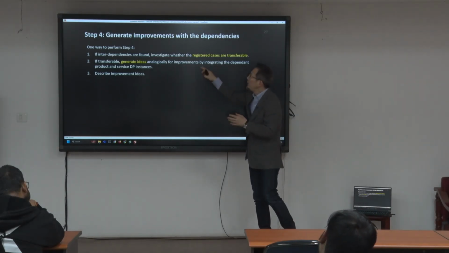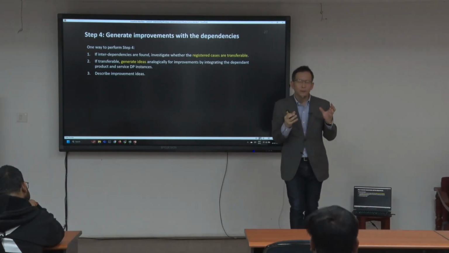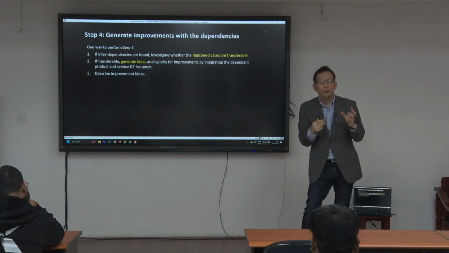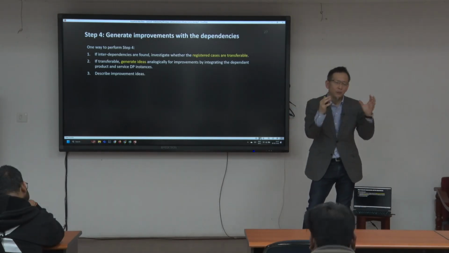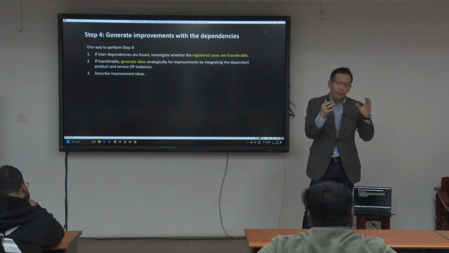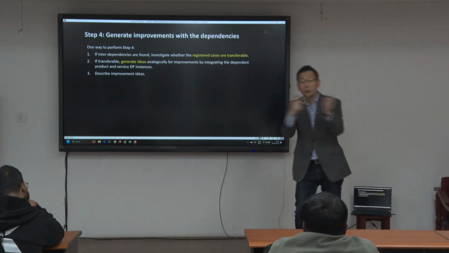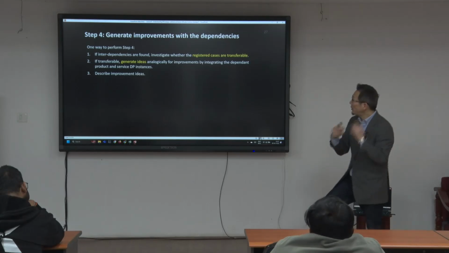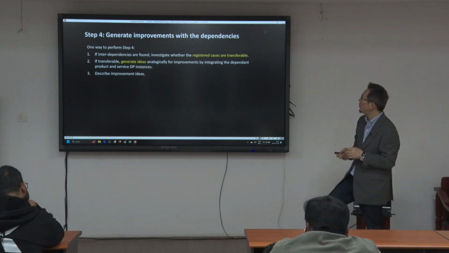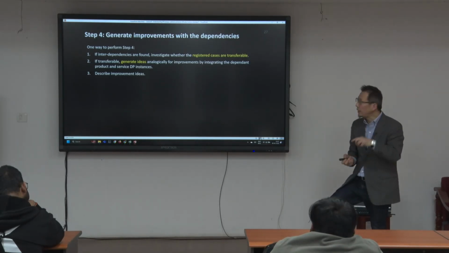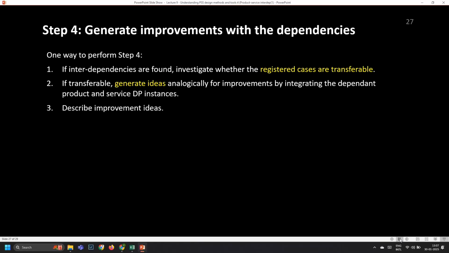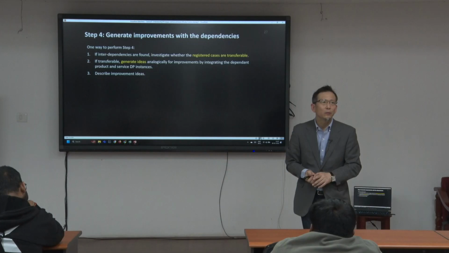And then if you find some sort of transferability, meaning that if you think that you can use some of the ideas of the specific case in your own case, then do that and generate ideas for improvement through analogy. Okay? And thirdly, just describe your improvement options. Right? Any question regarding what to do?